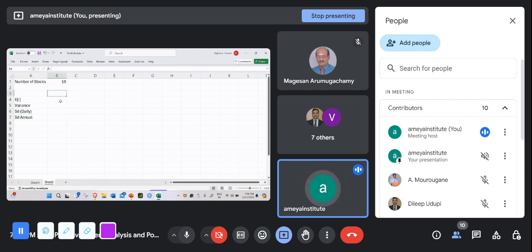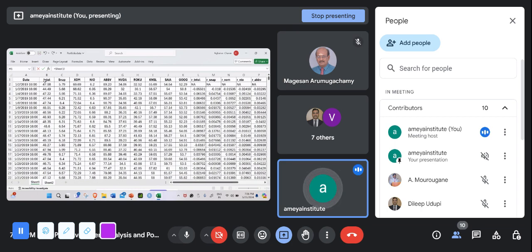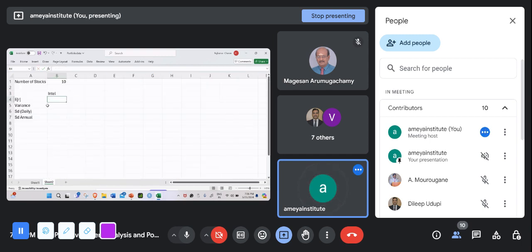Now we have to write the company names here because there are 10 companies, right? In the B3 column, we press equal to. Go to sheet 1 and select the name of the company. The first one is Intel, and click enter.